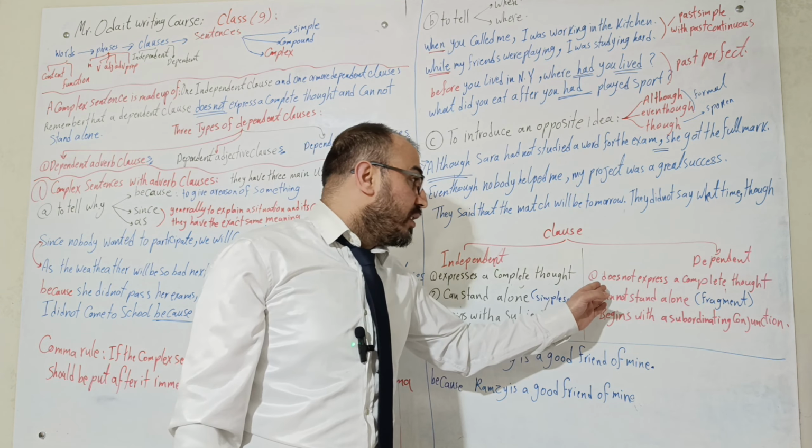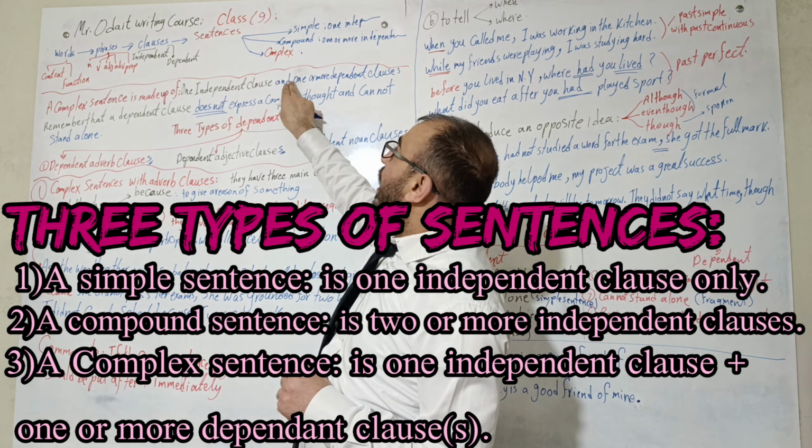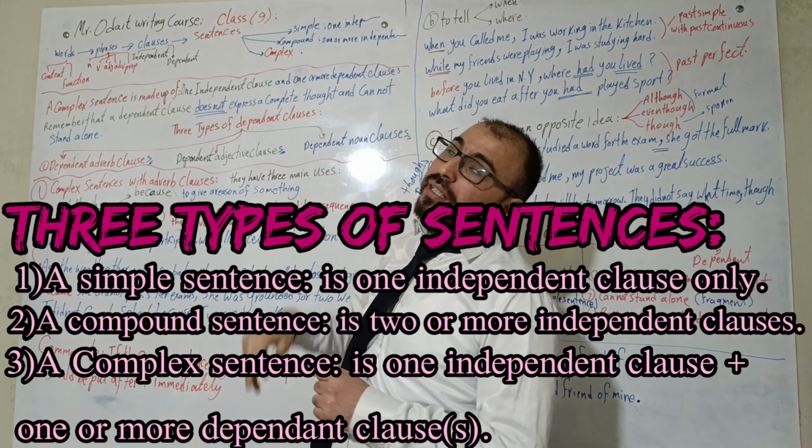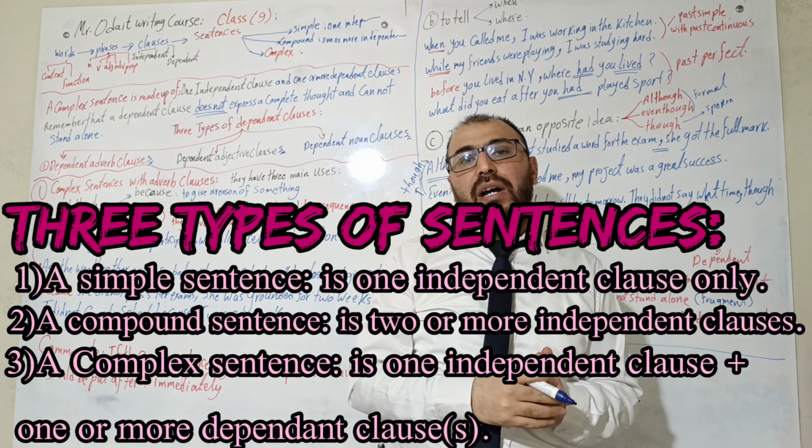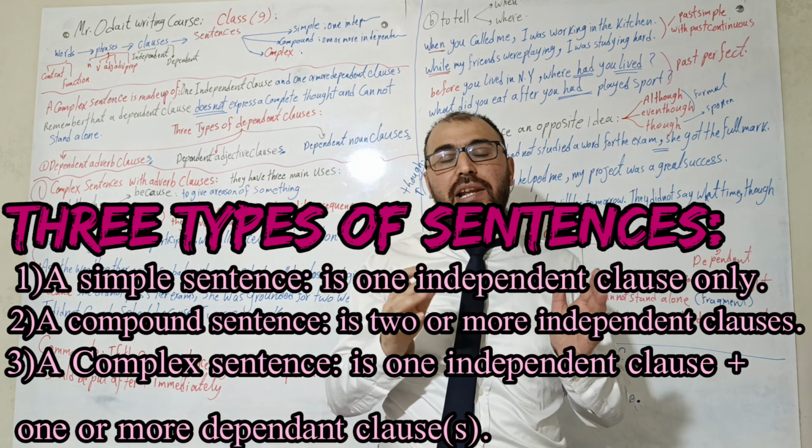Finally, my friends, a complex sentence is made up of one independent clause and one or more dependent clauses. That's why a lot of grammarians and linguists prefer to call the complex sentence a hybrid sentence, because it contains 2 different types of clauses: the independent and the dependent ones.